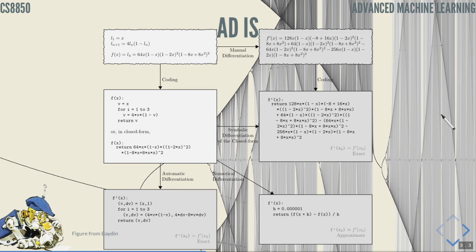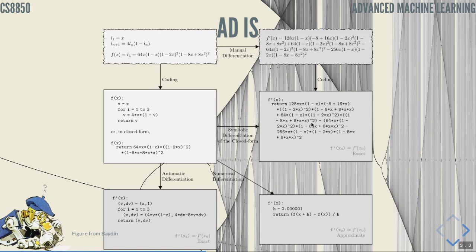So we have this map, and the goal is to compute the derivative for L4. Manual differentiation, we can easily do that. And then we can code it up and produce a function.